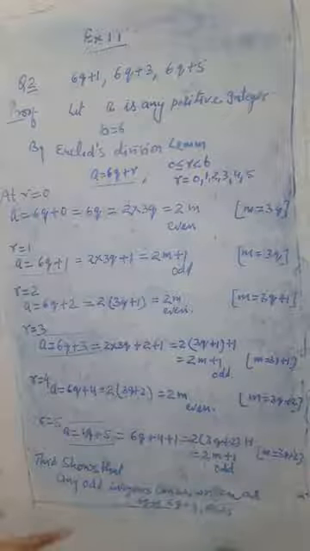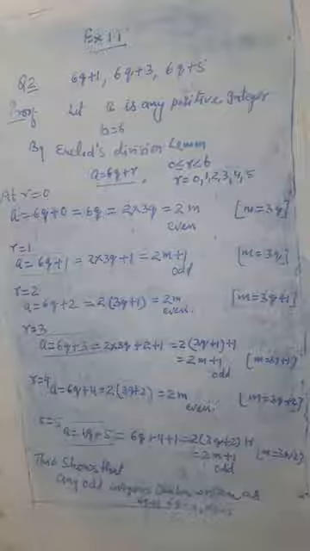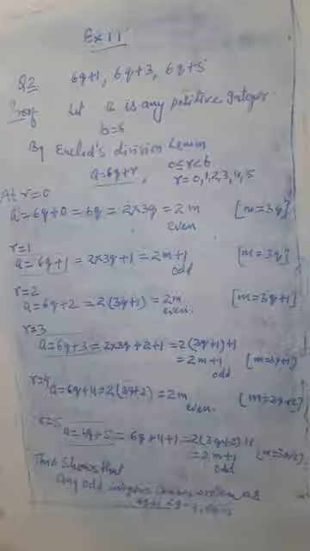Either 6q plus 1 or 6q plus 3 or 6q plus 5 means any odd positive integer is written as 6q plus 1, 6q plus 3, 6q plus 5.